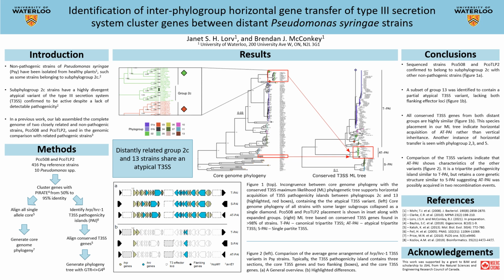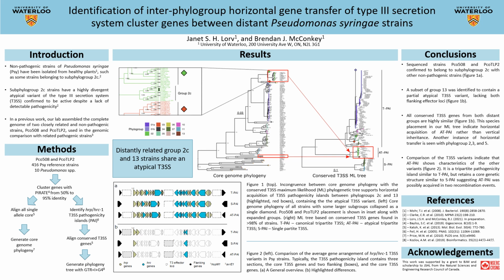When both trees are compared, as you can see in figure 1, which is the top figure under results, we can see that there is incongruency in the species placement between the two trees. On the left is the core genome phylogeny, where, as expected, the Pseudomonas syringae strains group together into their respective phylogroups, and the 10 outgroup strains distinctly cluster outside of this species complex, as expected.